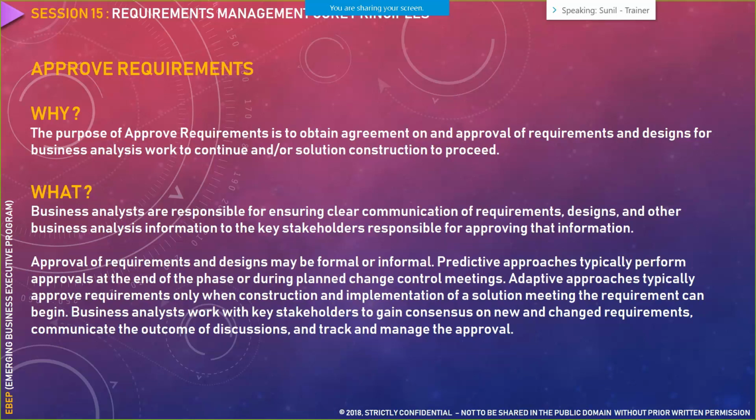So in order to avoid such circumstances, we always make it a practice to get our requirements approved. For that matter, all the artifacts related to the particular requirement, HLD, LLD, or any XYZ design document, we have to get approved.